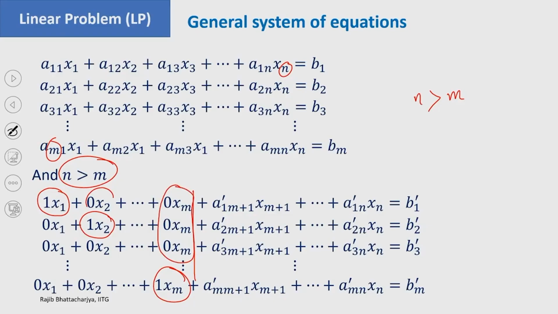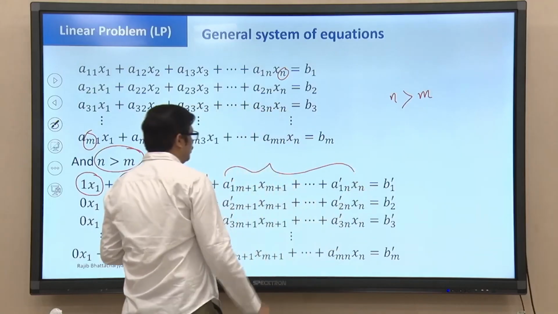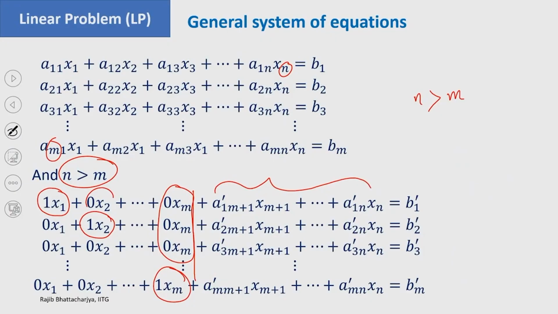Okay. And we can say that these are the basic variables and these are the non-basic variables. So, the non-basic variables are from m plus 1 to n, and for the non-basic variables we will set them equal to 0.